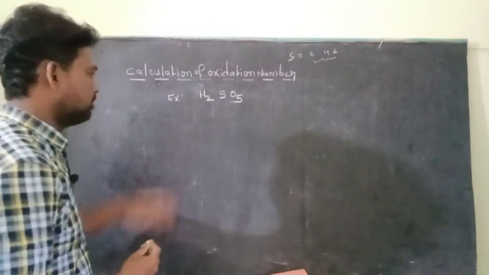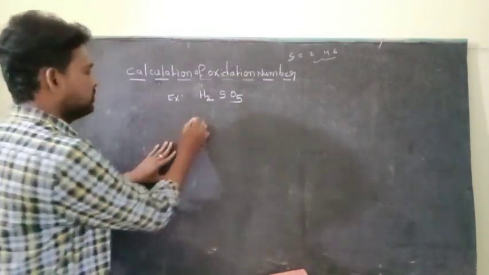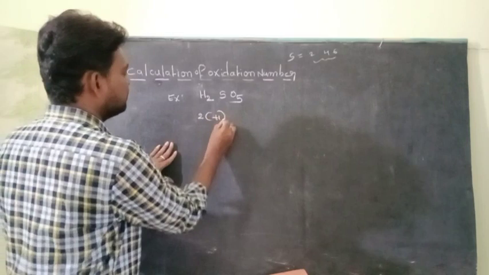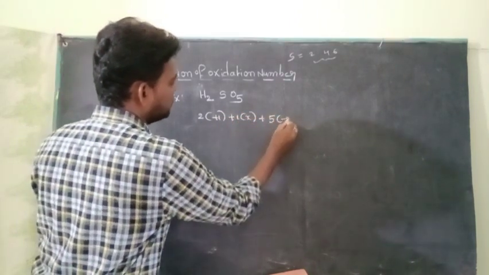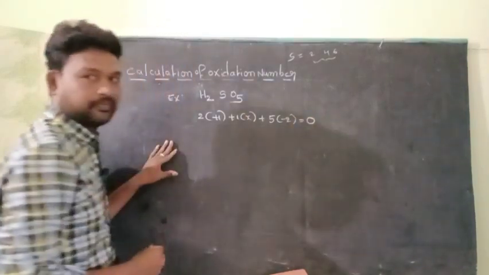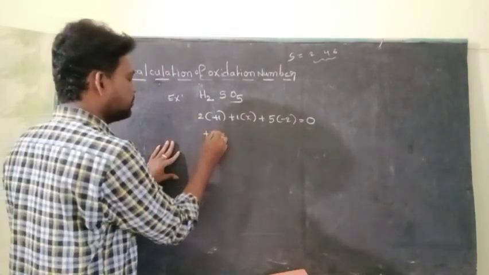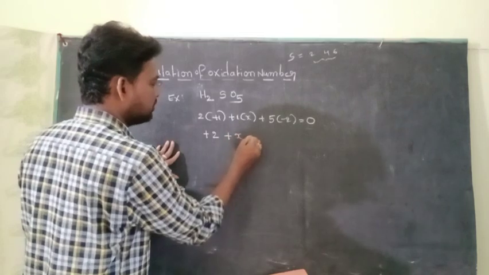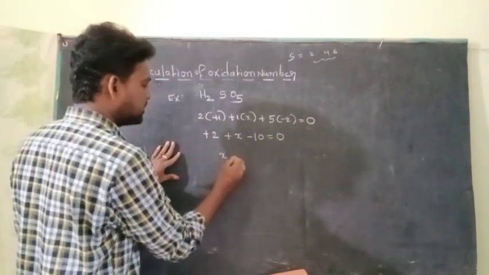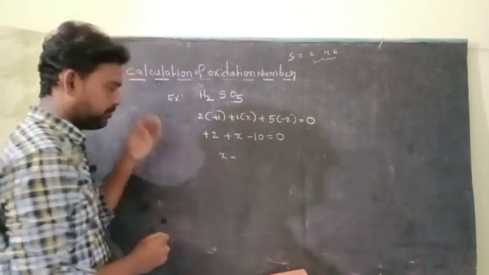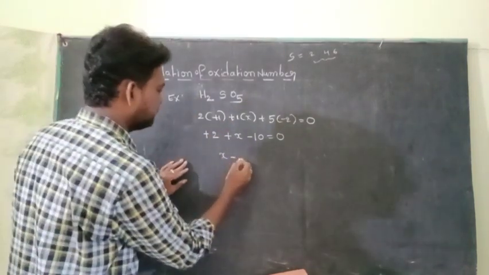H2SO5. Normal calculation here also. 2 into plus 1, plus 1 into x, plus 5 into minus 2 equal to 0. So plus 2 plus x minus 10 equal to 0. The x is 10 minus 2, 8.